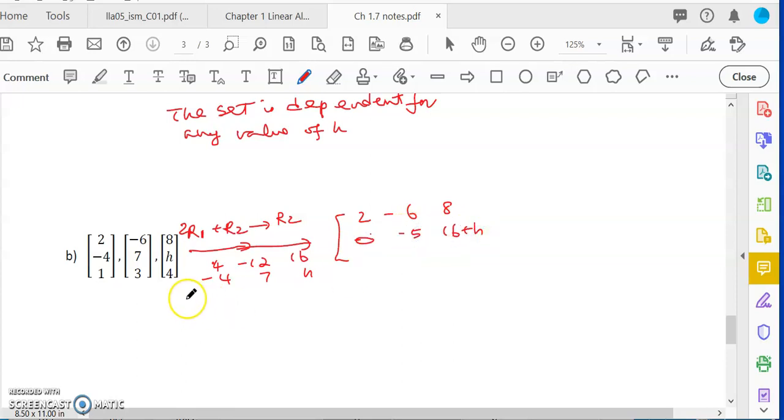And then the next one is R1 times negative 1 half plus R3, put back into R3. So negative 1 half times those gives negative 1, 3, negative 4, and then I have 1, 3, 4.